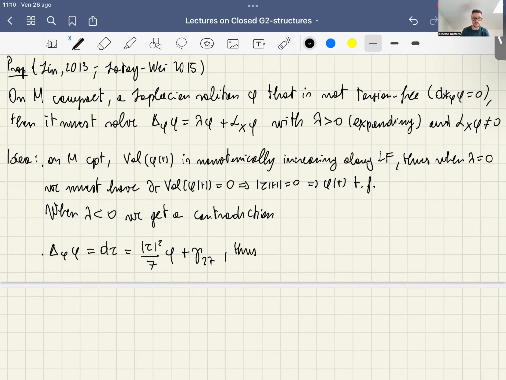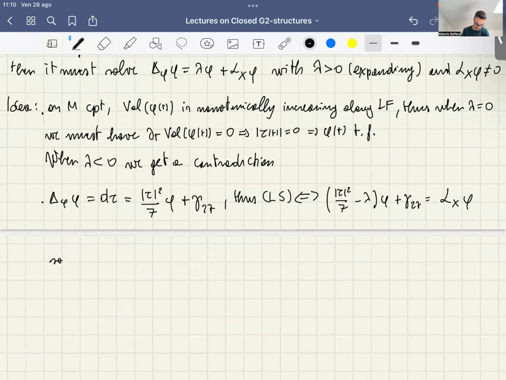Thus, this implies that the Laplacian soliton condition, let me denote this by Ls, is equivalent to having (the square norm of tau over 7 minus lambda) times phi plus gamma 27 equal to the Lie derivative of phi with respect to x.